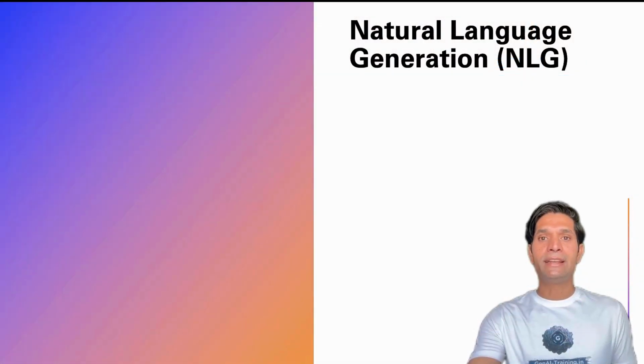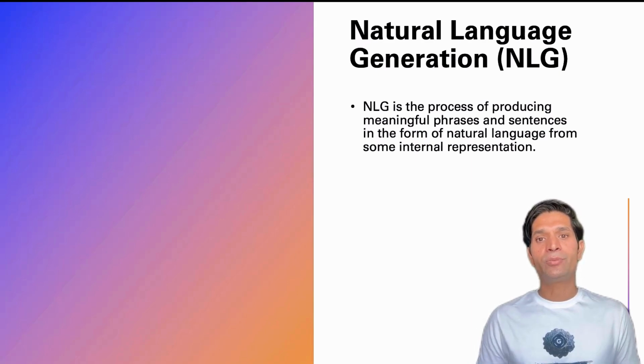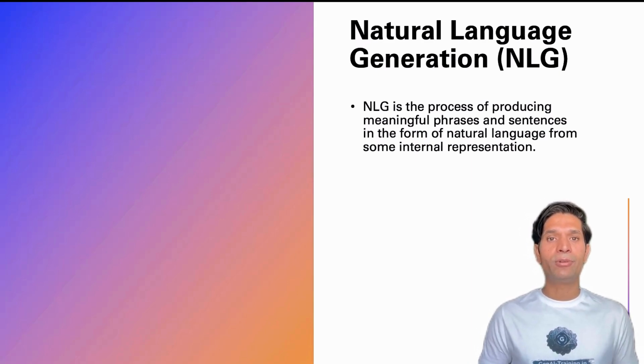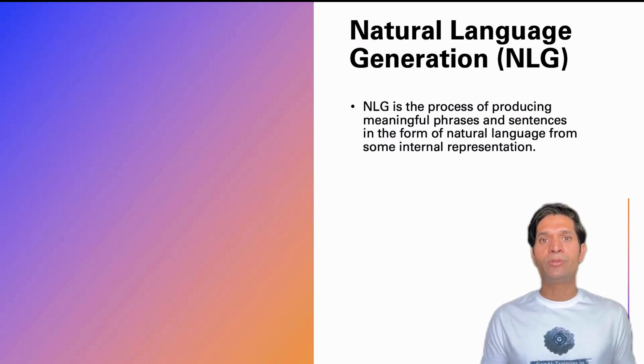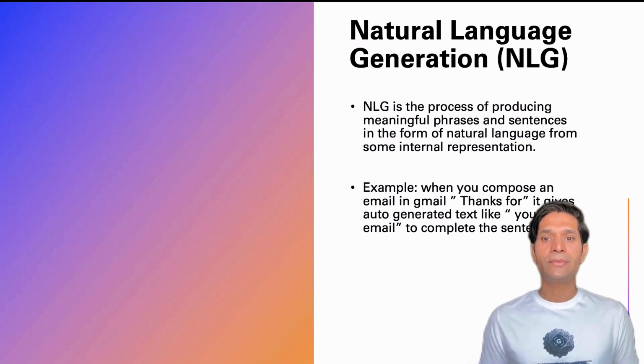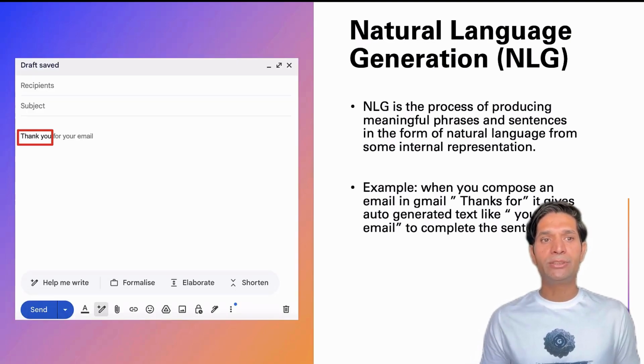So next is NLG, which is natural language generation. It's a process of producing meaningful phrases and sentences in the form of natural language which we can read and understand. Example, when you go to Gmail today, I've just typed thank you on my fresh email.